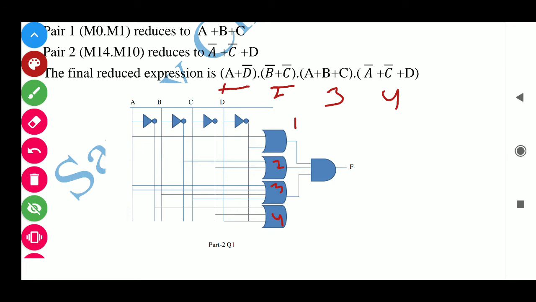Third expression is for OR gate. You can see here A, B, C. A is connected, then B is connected. It is by mistake going to the A, but now it is not possible for me to draw it again. So B is connected here.